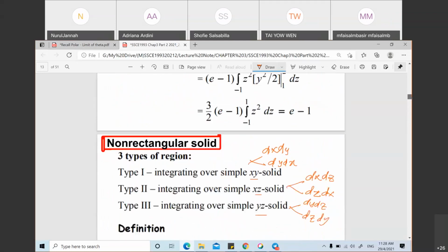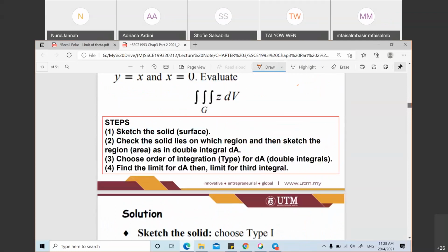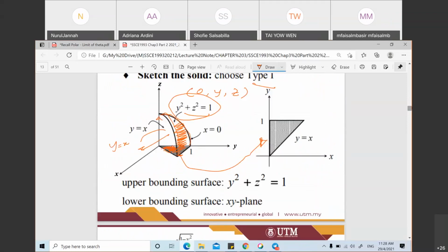If type 2 means xz solid, which one is xz? Xz solid, which is here. I have to take this. If I want to take the back one, it is same as the xz. So this is xy. Same thing.